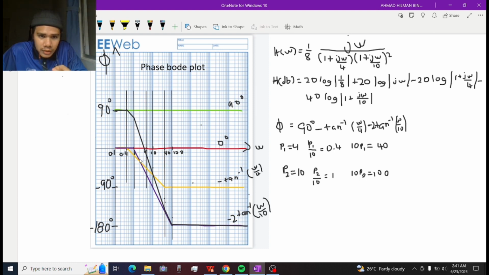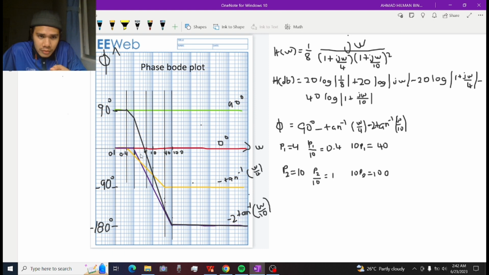The yellow one has 72 degree, because from 0.4 until 40 we have 90 degree, but we only take from 1, so we have to minus the balance here, and we have to add it to the slope of the purple graph.